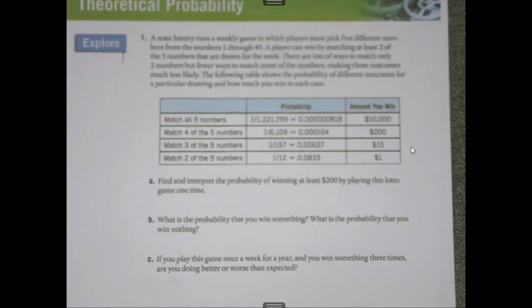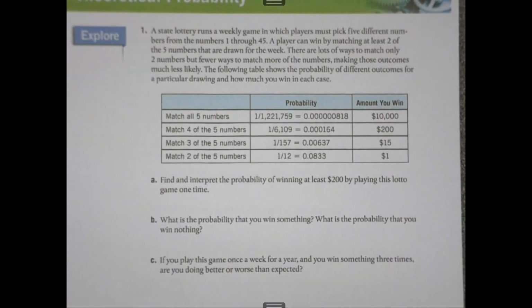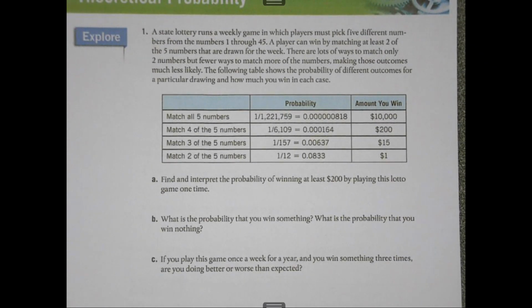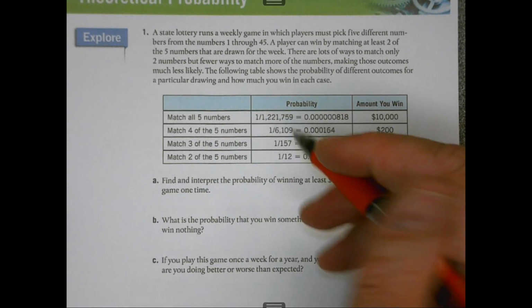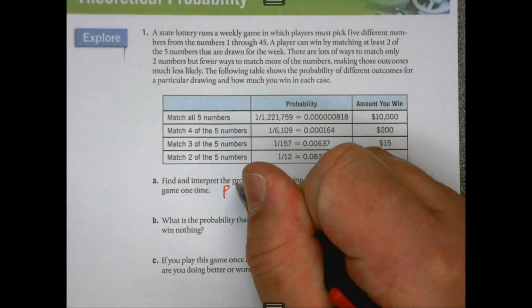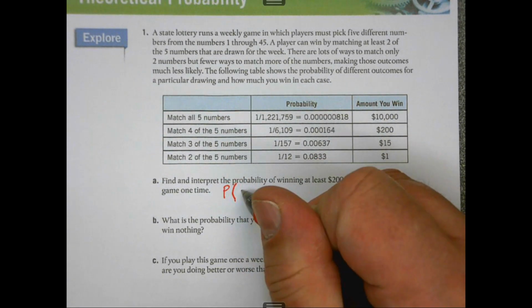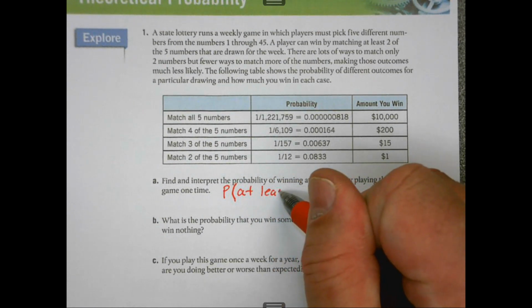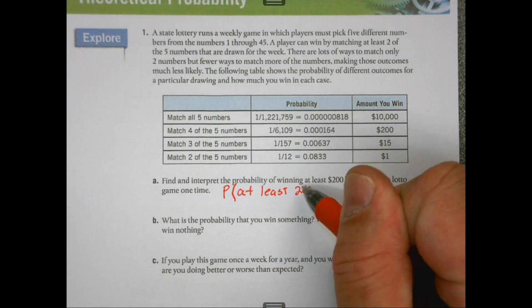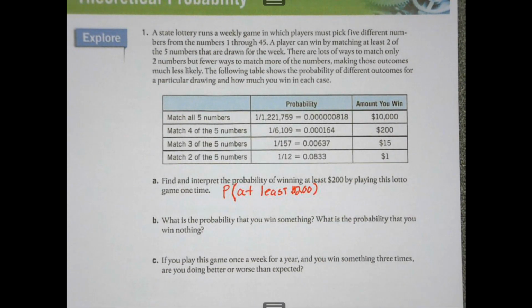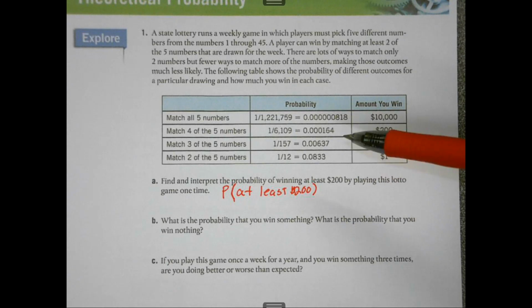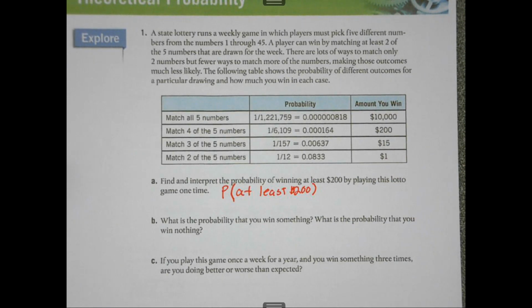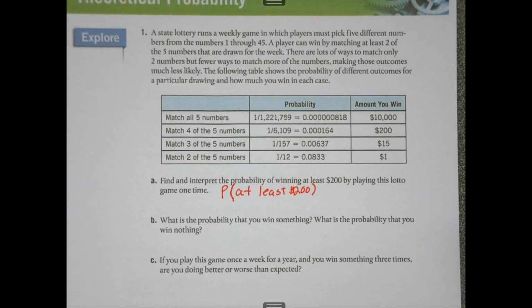Okay, now they kind of start with theoretical probability in the middle of it. First of all, there is symbolization of how to do probability, and we are going to use that symbolization. They want us to find the probability of at least $200. I'm going to use some reasoning that, first of all, probability has to be between 0 and 1, or 0% and 100%.